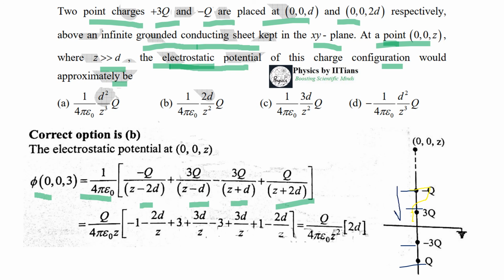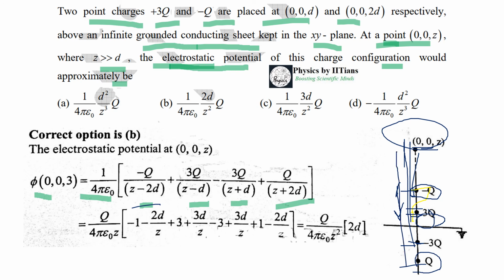Here the distance is 2d, so if you take this as the z coordinate, the distance will be z minus 2d. For this 3q charge, that is plus 3q, it will become z minus d because it is at 0,0,d. For the minus 3q charge, it will become z plus d. And for the plus q charge, it will become z plus 2d.